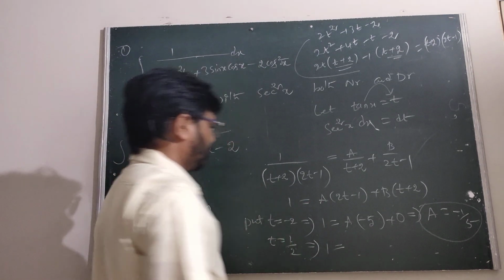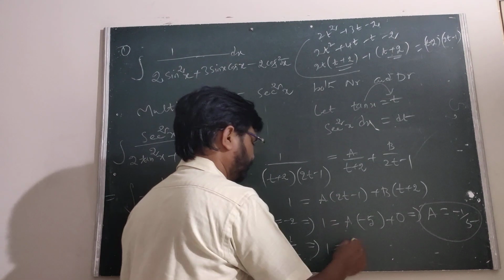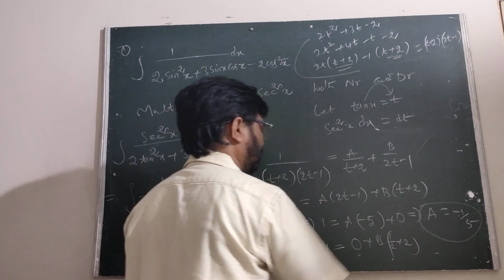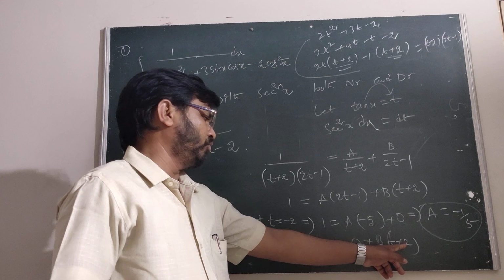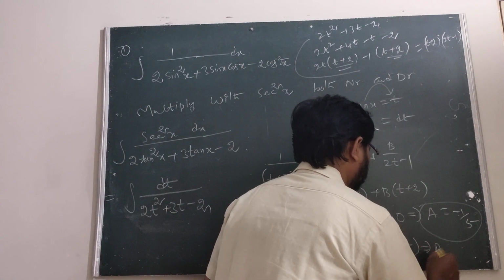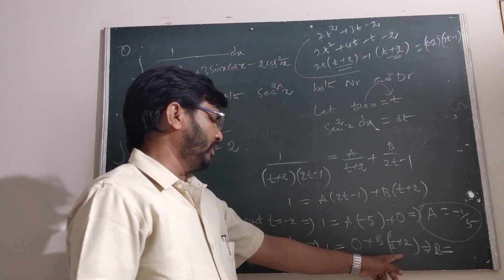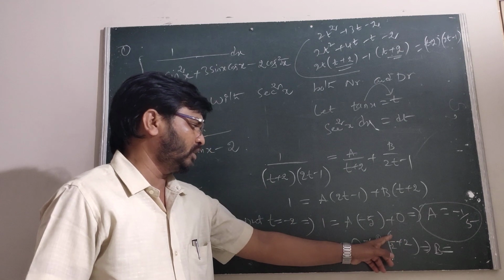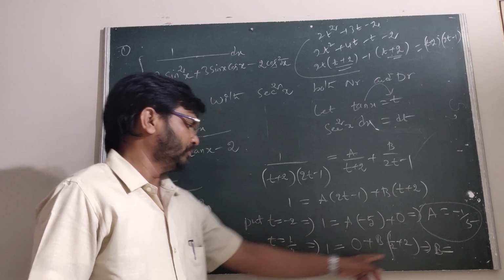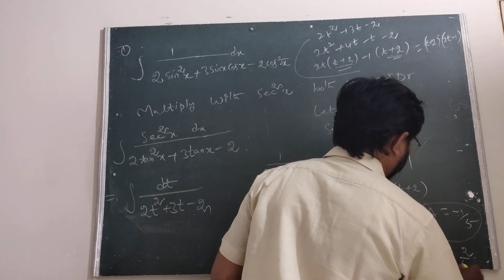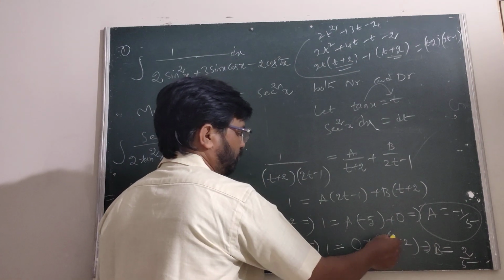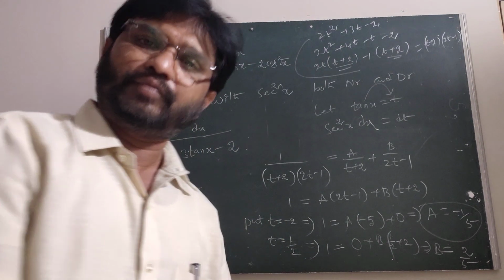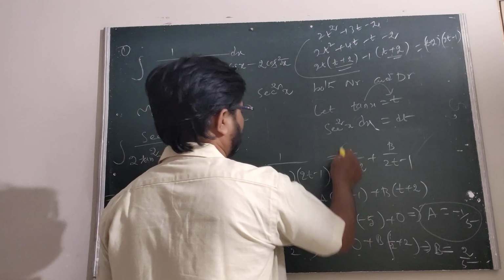Therefore, 1 equals, the a term will be 0, and now we take b into 1 by 2 plus 2. 2 into 2 is 4, 4 plus 1 is 5, so 5b by 2. Sending to the other side, the value of b is 2 by 5. Now these two values are substituted in this.